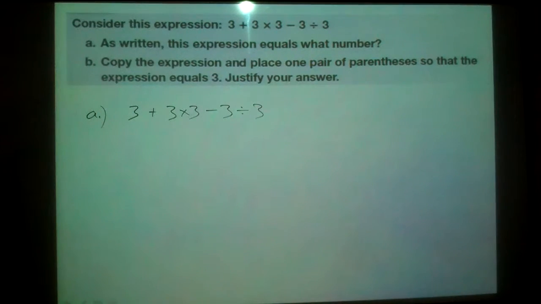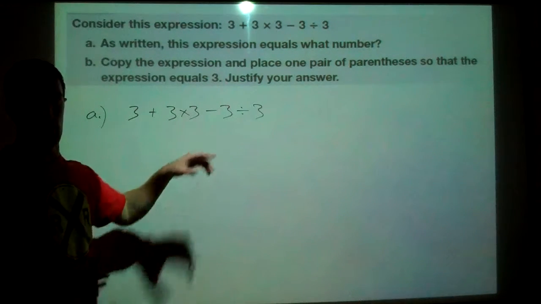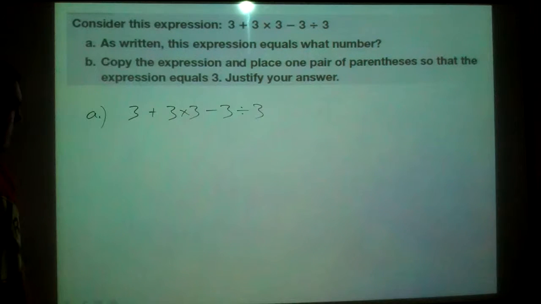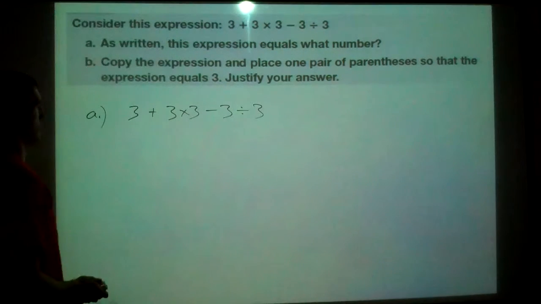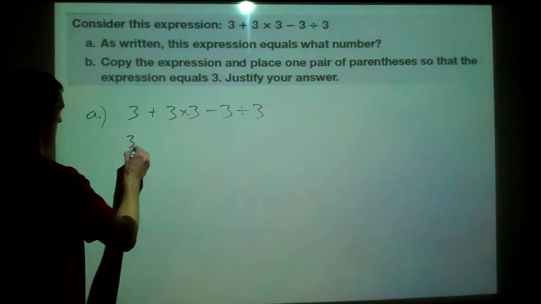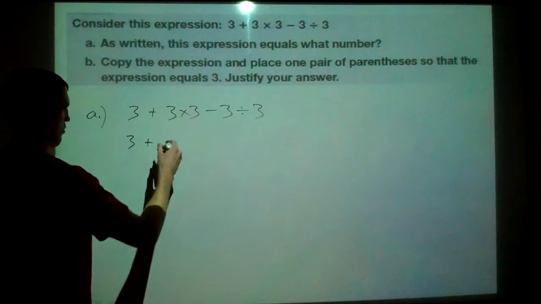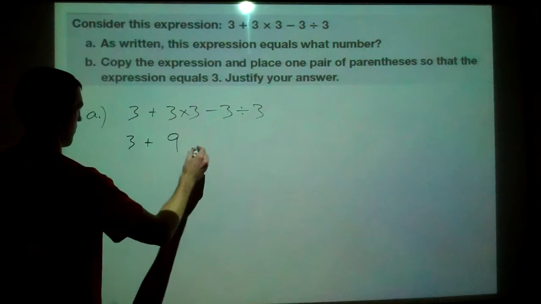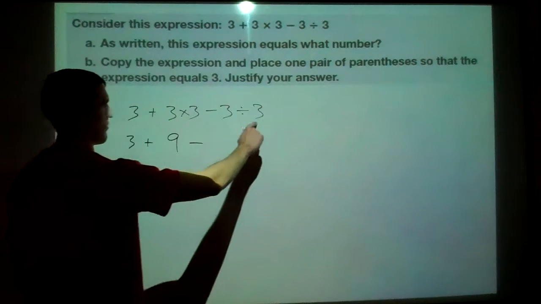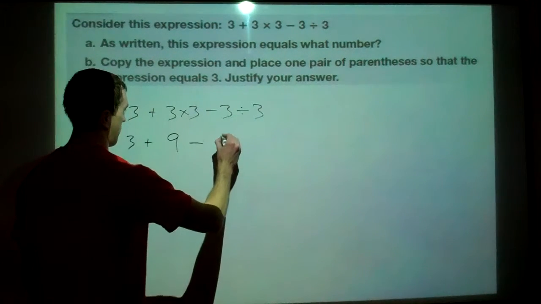Looks like an interesting problem. So remember, we want to do multiplying and dividing before we do any adding or subtracting. So this is going to be 3 plus 3 times 3 is 9 minus 3 divided by 3 is 1.